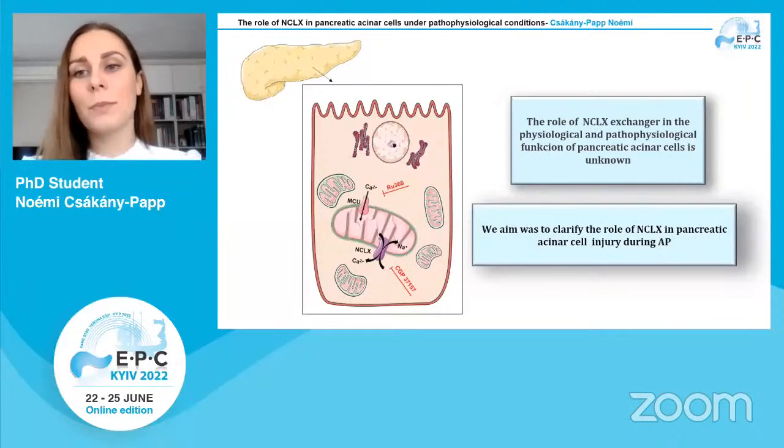The balance between these processes is essential for preventing sustained mitochondrial calcium overload, which is a hallmark of acute pancreatitis. Based on previous experiments, NCLX may play a critical role in the development of mitochondrial calcium overload. The aim was to clarify the role of NCLX in pancreatic acinar cells during acute pancreatitis.